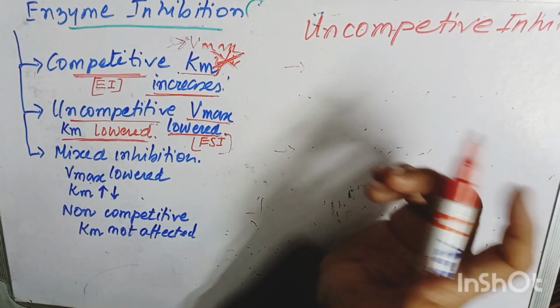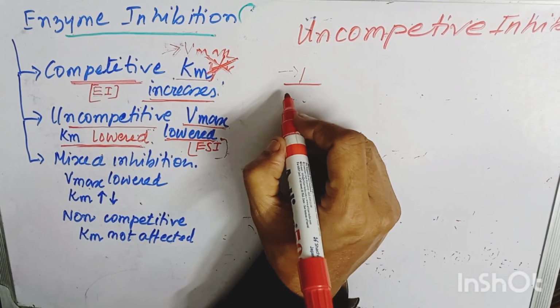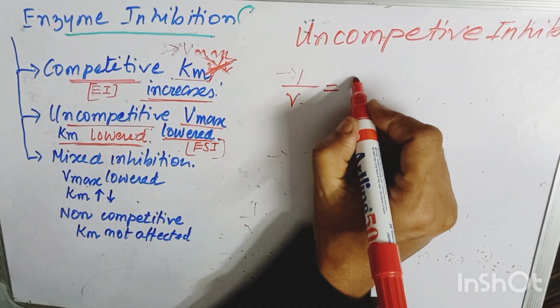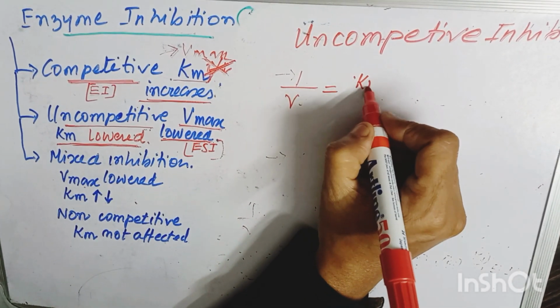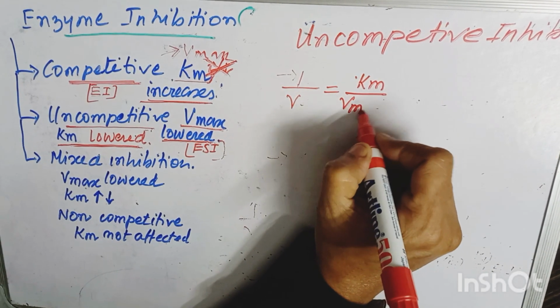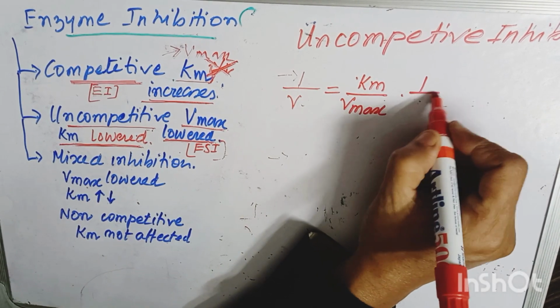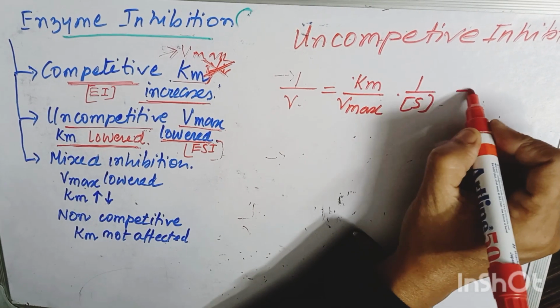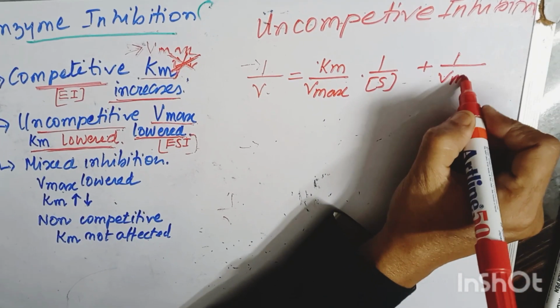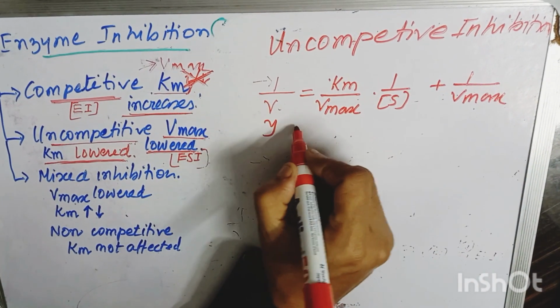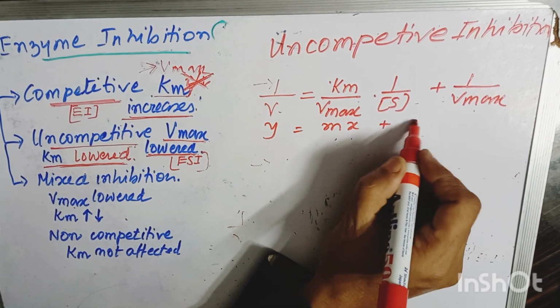The linear transformation is 1 by V equal to Km by Vmax into 1 by S plus 1 by Vmax, that is y equal to mx plus c.